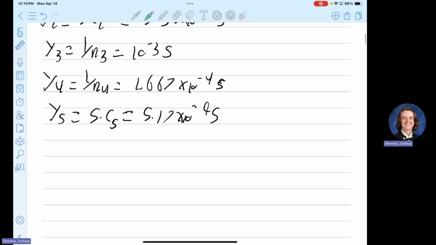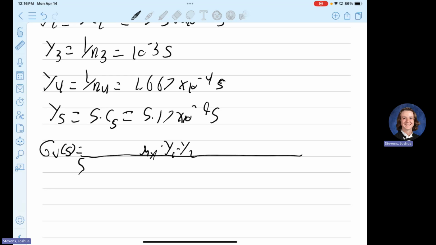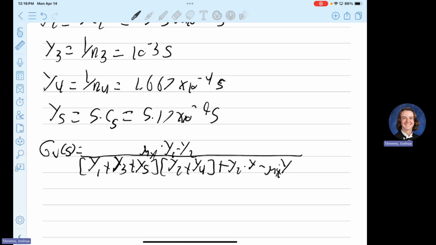So you'll type in G of S equals, write this from here: mu A times Y1 times Y2 all over Y1 plus Y3 plus Y5 times Y2 plus Y4, plus Y2 times Y4, minus mu A times Y2 times Y3.